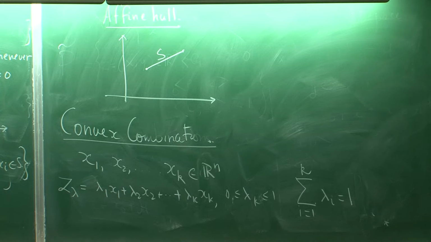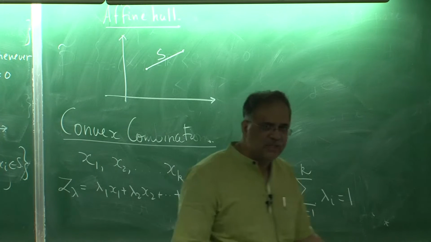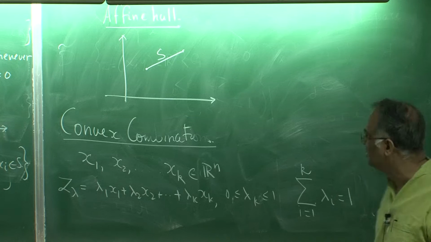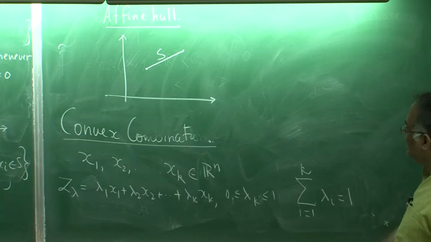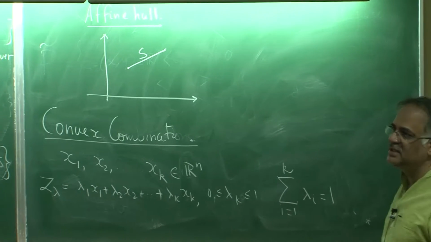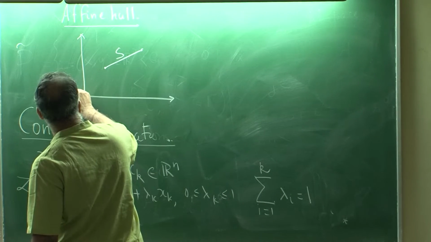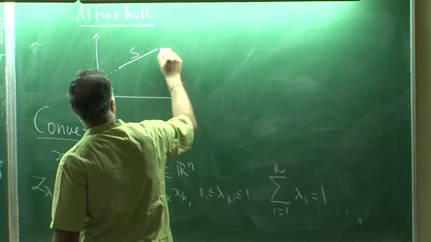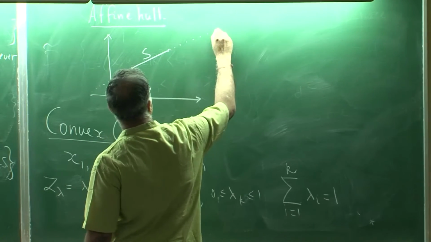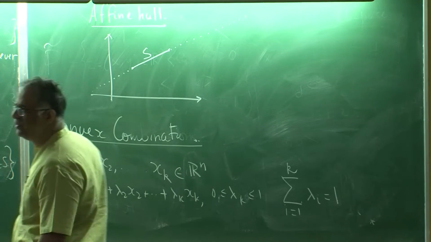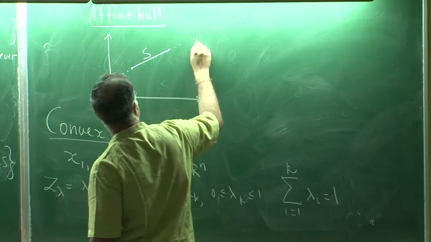You see, the whole space is an affine set. This is a vector space, and any vector space is an affine set. But what is the smallest affine set which contains this line segment? It is the line passing through these 2 endpoints. So, this is the affine hull.